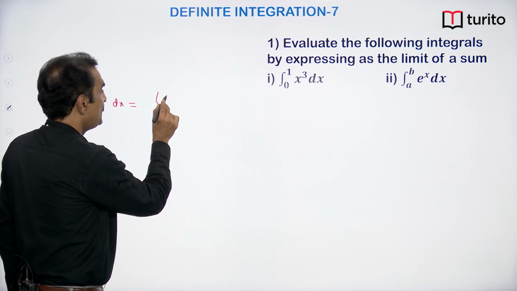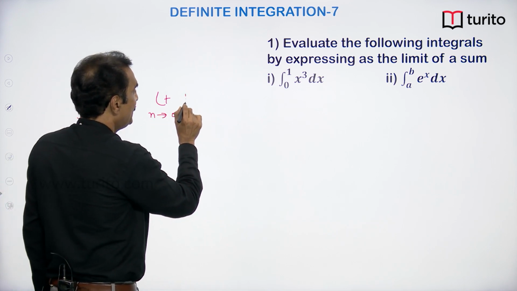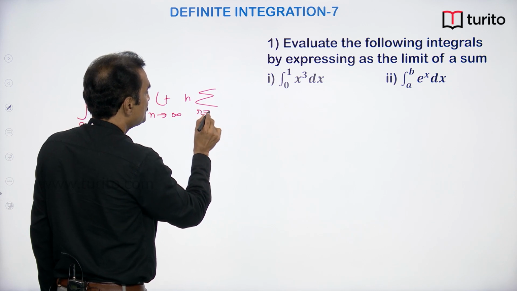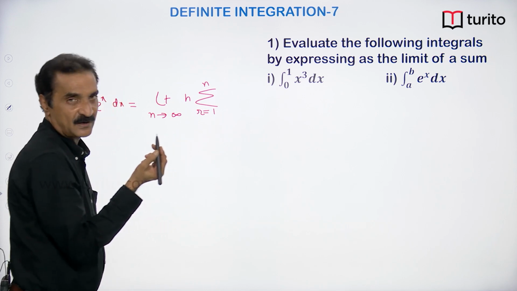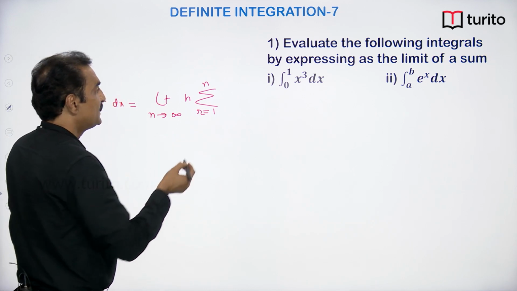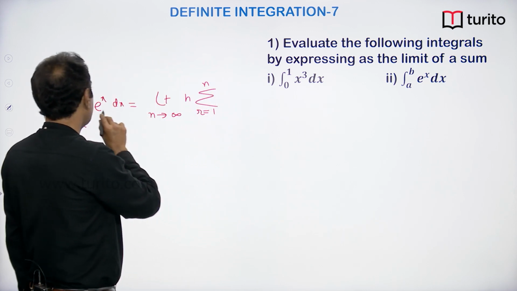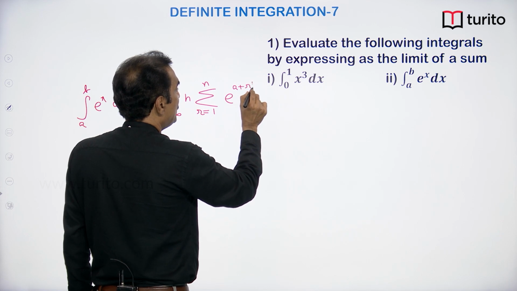As per our formula, we can write limit n tends to infinity h into sigma r varies from 1 to n or 0 to n, whatever you want, into f of a plus rh, means what? e power a plus rh.